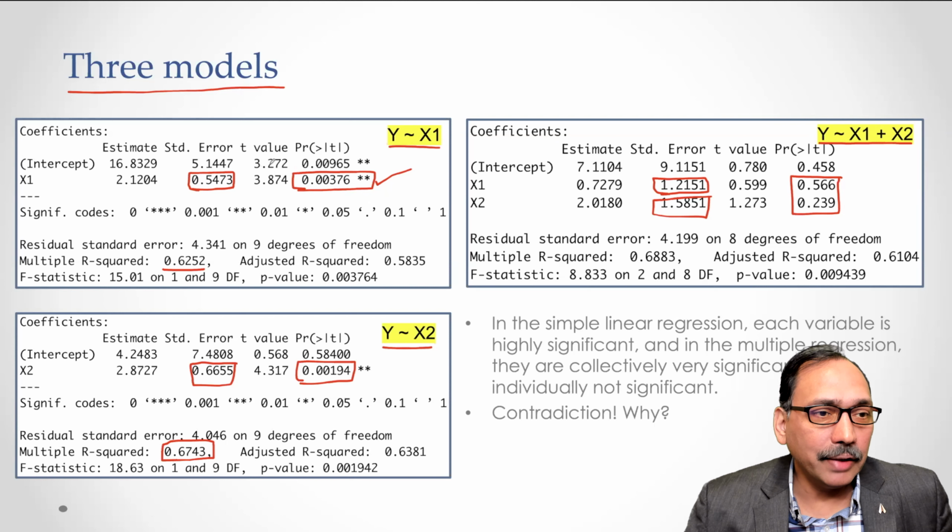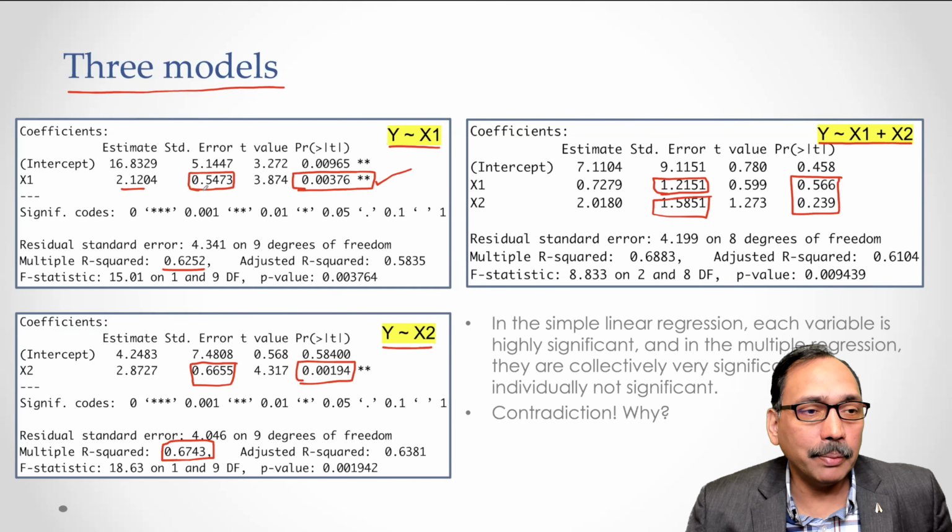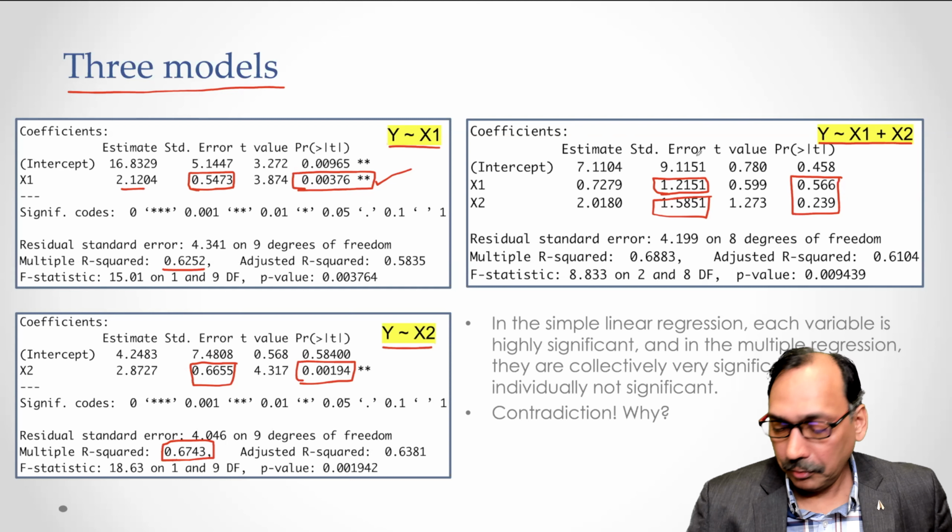You know that the t value is nothing but the estimate divided by the standard error. So 2.12 divided by 0.54, that's what this number is, 3.87. Similarly 2.87; this column divided by the second column is your third column everywhere.